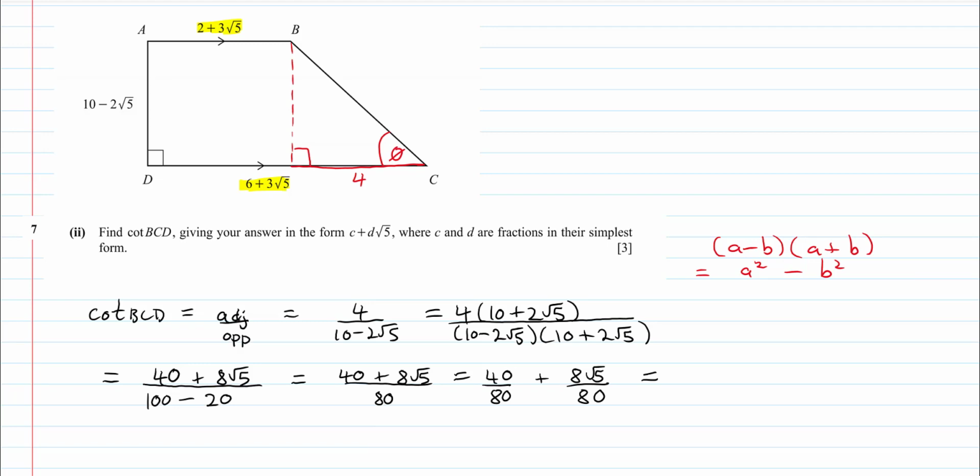So 40 over 80 is a half, and 8 over 80 is 1 over 10, so then we're going to get plus 1 over 10 times root 5. So that's question 7, part 2.